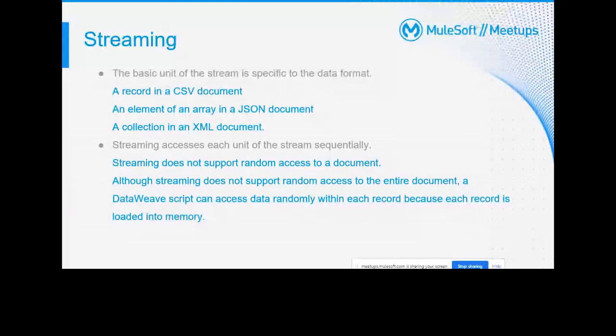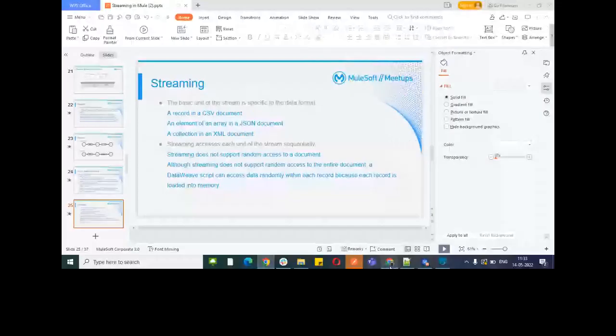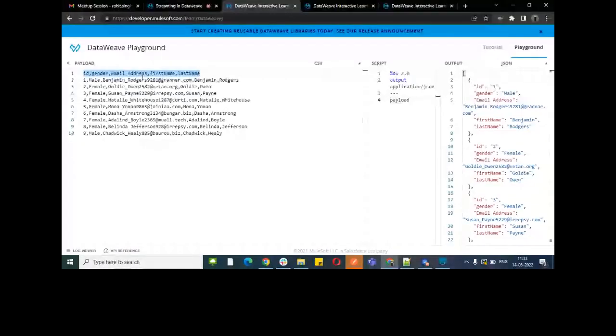Okay, so let me show you. In the CSV, first is the header: ID, gender, email address, first name and last name. Under this, we have records. Record 1, record 2, and like this we have 9 records.